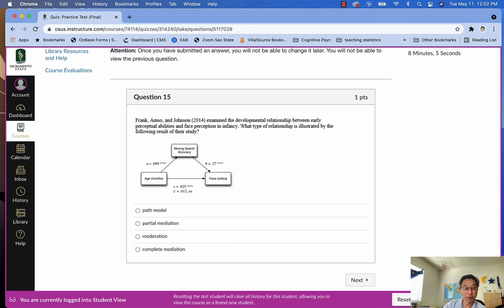The indirect effect was significant. Before we add this mediator, the relationship between these two was significant. But once we included the mediator, this relationship was no longer significant. So therefore, we consider it a complete mediation rather than partial mediation.